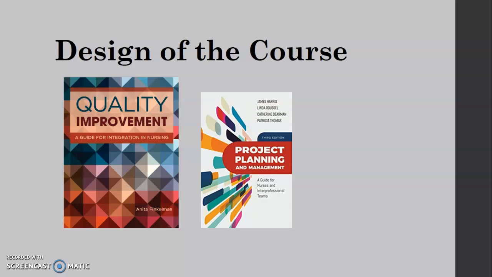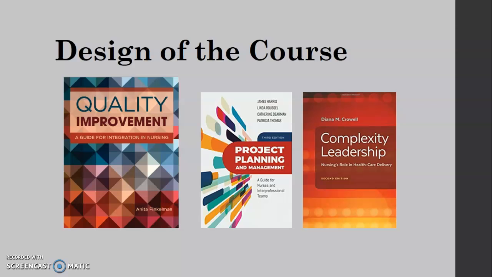These are the two textbooks. We talked about these when we had a meeting across to Minneapolis in November. These are the two textbooks that we will be using. And then also we will have chapter 2 from the Complexity Leadership text.